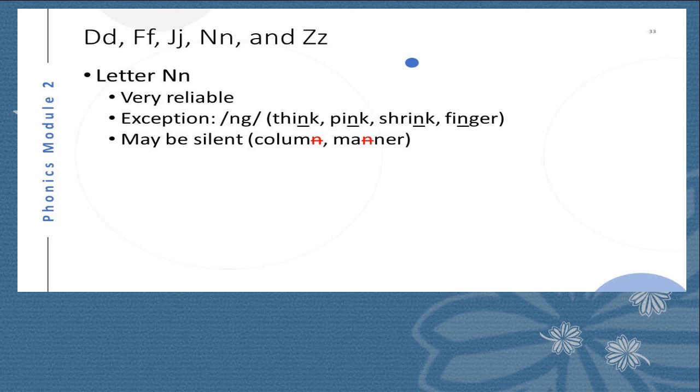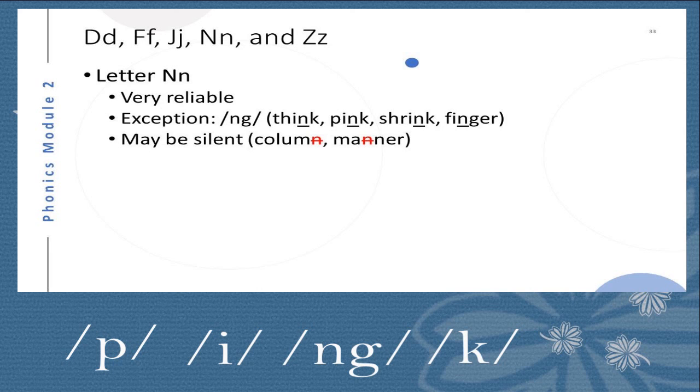Examples are the words think, pink, and shrink. Say those words out loud and listen closely. Let me sound out the phonemes in pink. We hear P, I, NG, K. The letter N may also be silent.